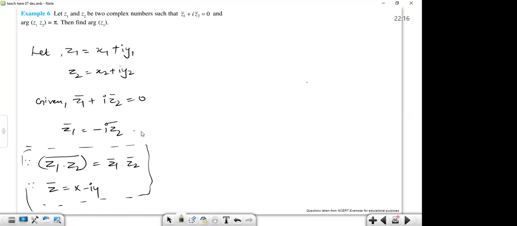Now what we are going to do is take the conjugate on both sides of the first equation. If we take the conjugate of a conjugate, that simply becomes the complex number.